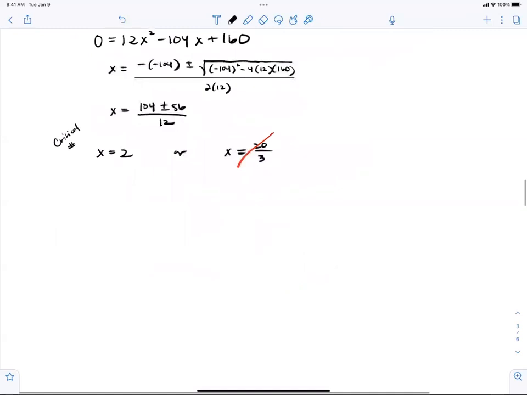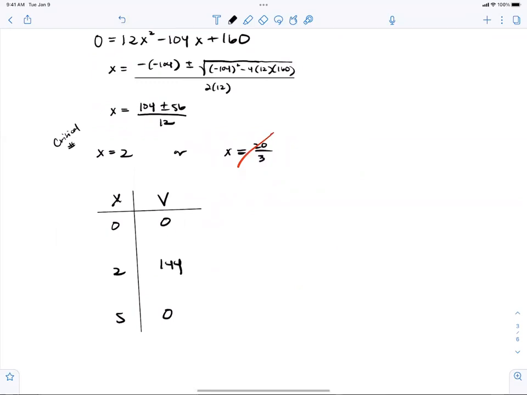And now we can do the table, where we determine what the volume is at the endpoints as well as 2. We already said volume would be 0 at the endpoints. And at x equals 2, I believe it ends up being 144.